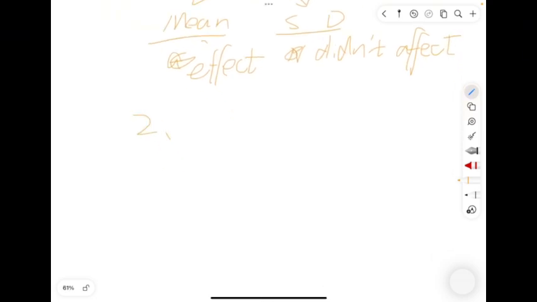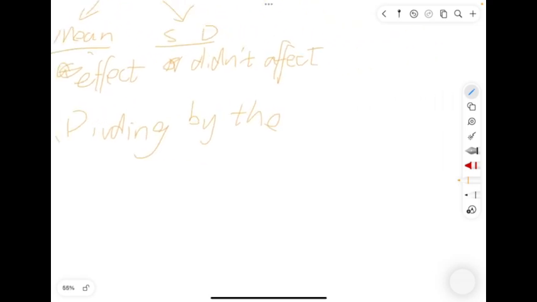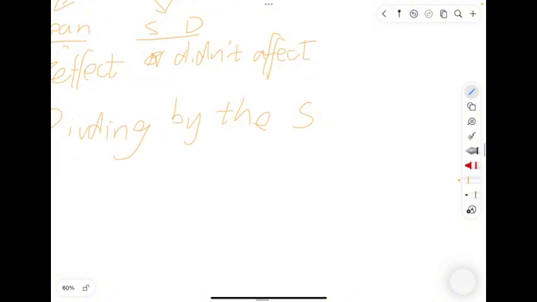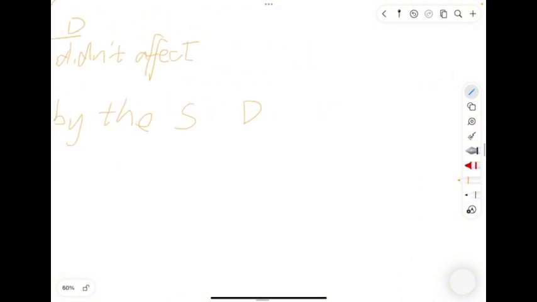And the second part of question 6 is dividing by the standard deviation, and it is dividing by this one.